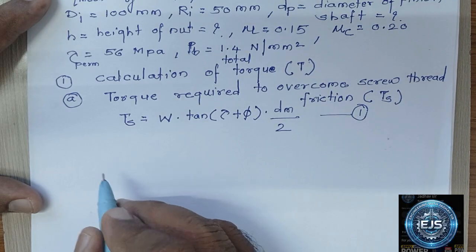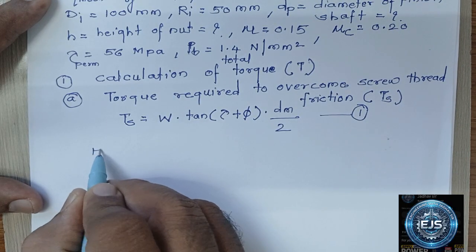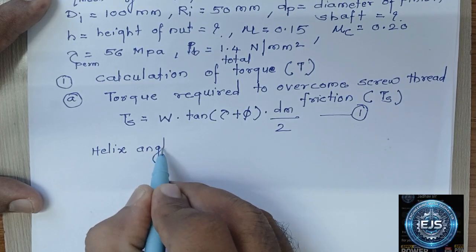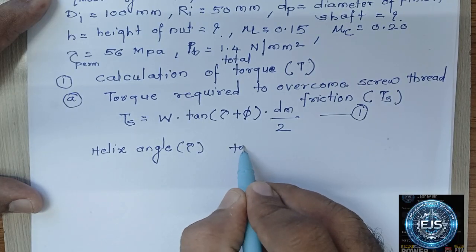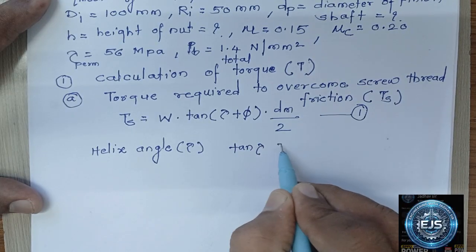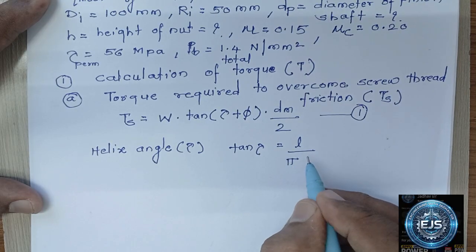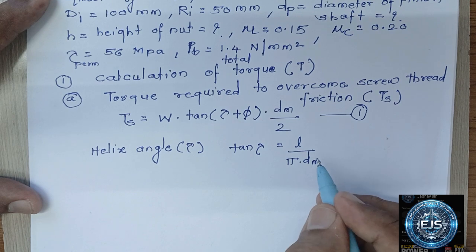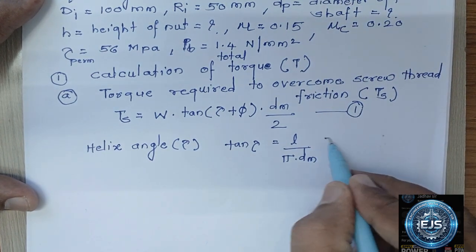Now we'll calculate these values. First, the helix angle or lead angle. The formula is tan of lambda equals lead divided by pi into dm.